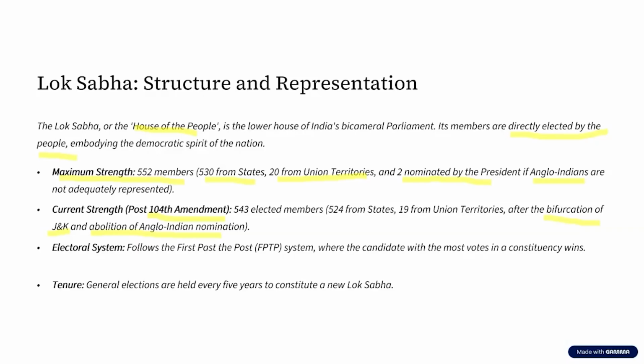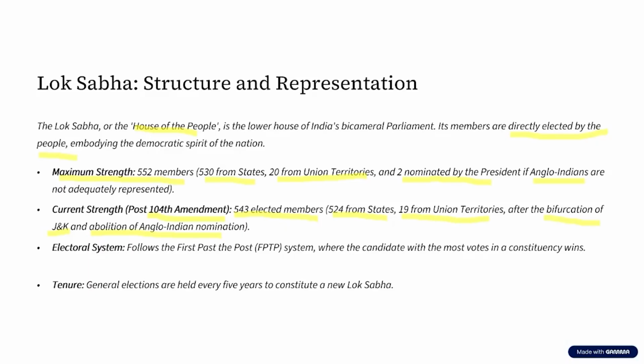Now, after this 104th Amendment and after the bifurcation of Jammu and Kashmir, what is the present standing? The present standing is that there are 543 elected members in the Lok Sabha. Now, who are these 543 members? 524 are from states and 19 are from the union territories.